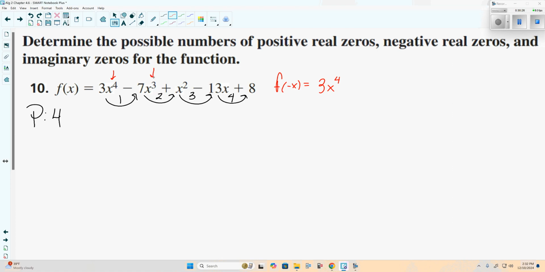The next one is odd, so we would change it from negative to positive 7x cubed. Plus x squared, because our exponent's even. No exponent with an x, so we have to change it to plus 13x.